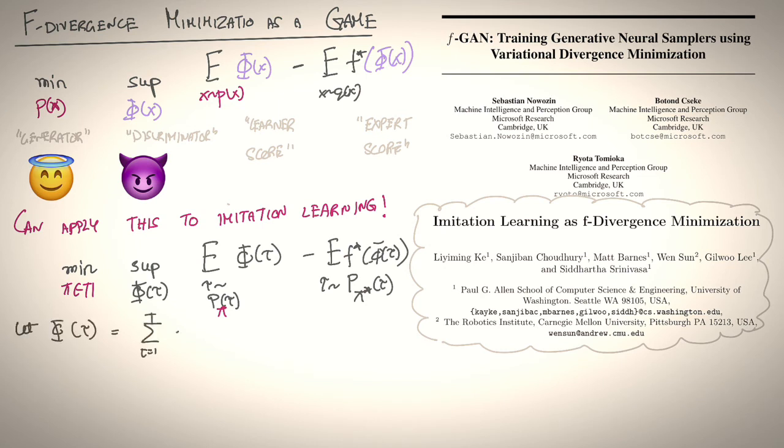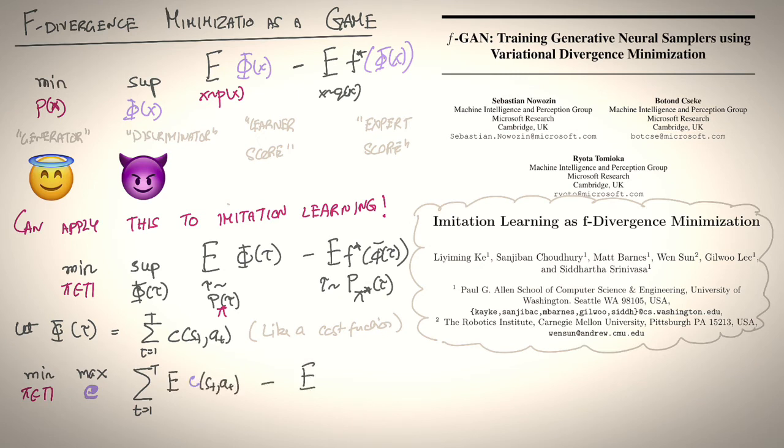As we mentioned, if we view phi of tau as the cost of a trajectory, we can always choose a representation that says the cost of a trajectory is a sum over per time step costs, right? So we can plug this back into the game, and this time our second player is simply choosing one-step cost functions that make the learner look more expensive while making the expert look cheaper.